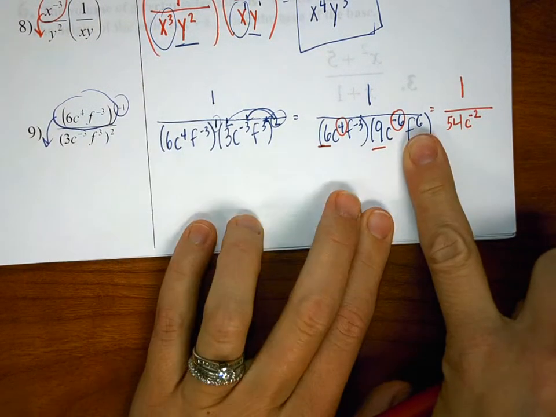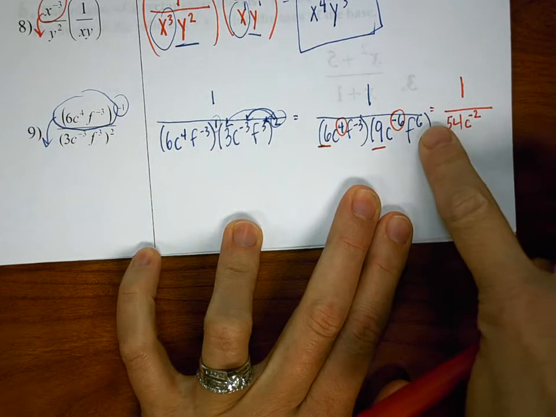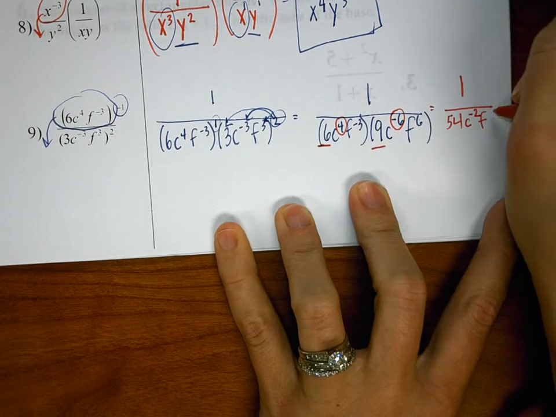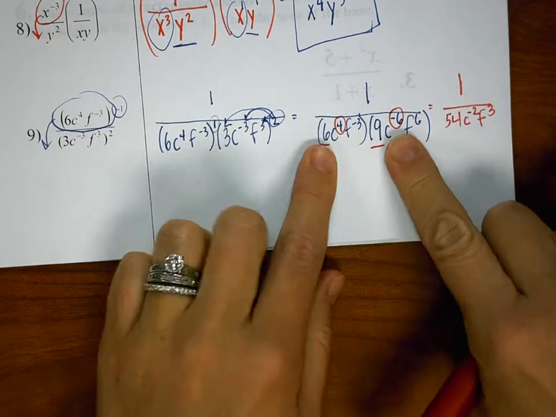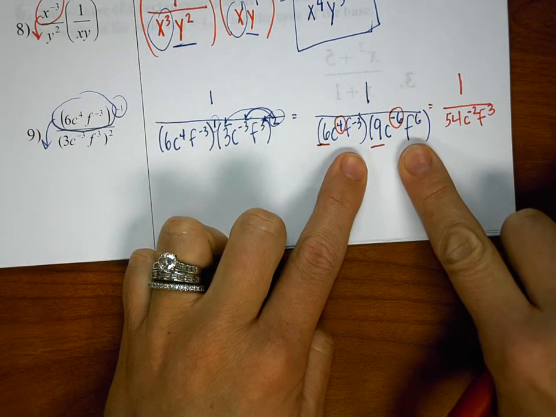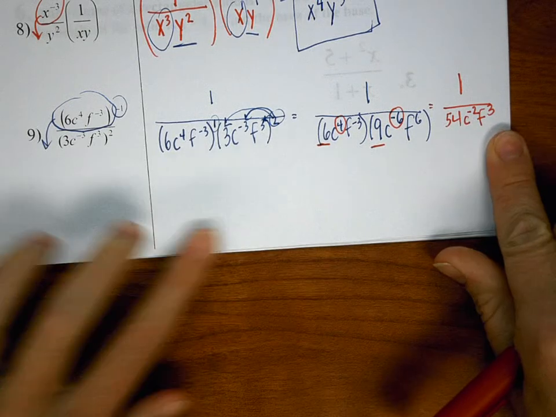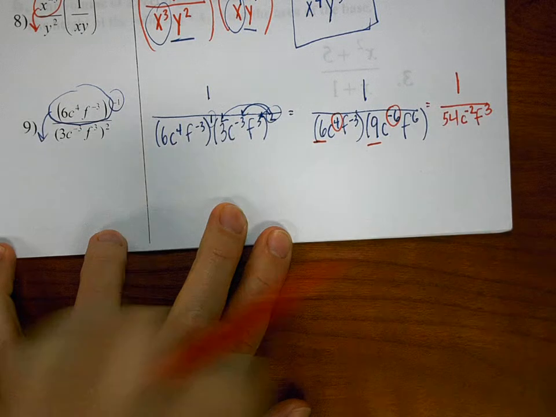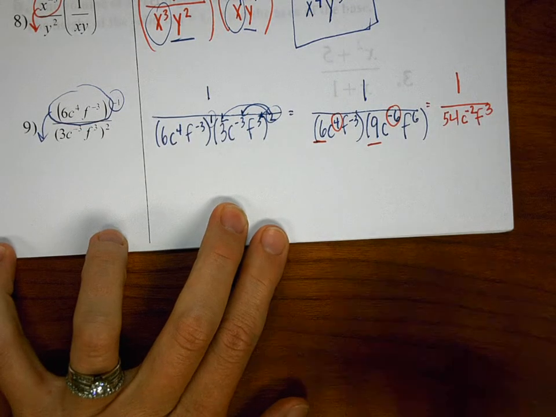When you put those together, 6 minus 3 is 3. So I have f to the 3rd. So notice that this c was still negative, but with the f's, when I added those together, it ended up becoming a positive 3. At this point, we need to remember that the only thing we can't have that's not simplified is a negative in the exponent.